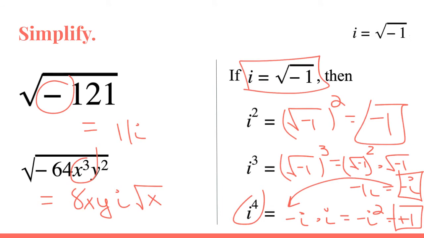So you kind of need to refer to the sheet every once in a while. i squared is going to be negative 1. However, i to the fourth would be positive 1. Now i to the sixth, it would go back to negative 1 again, and i to the eighth, it would be positive 1. So all the even exponents kind of go back and forth along the way. And then the third power and the fifth power will also go back and forth.